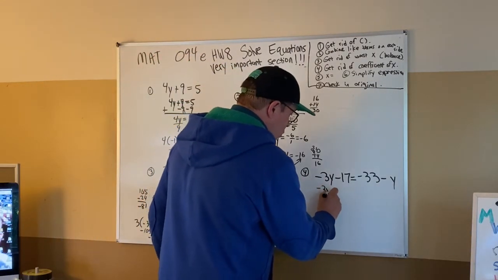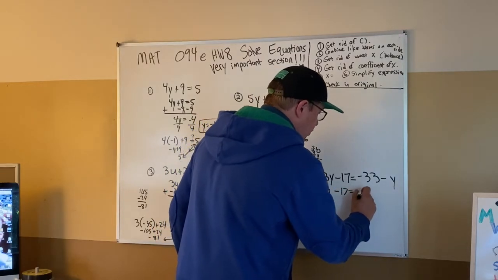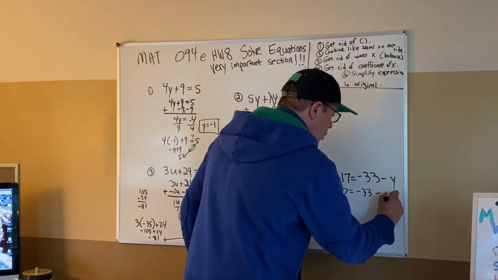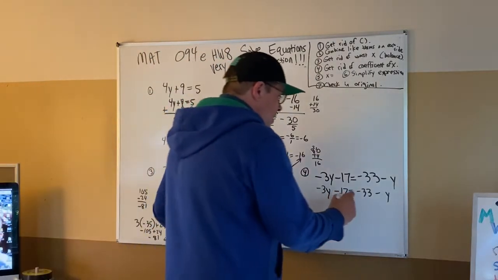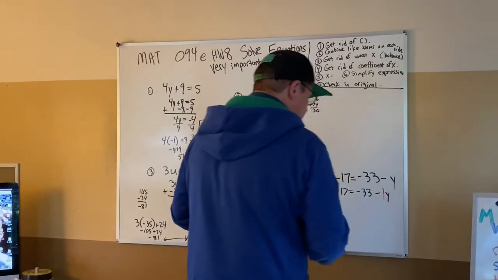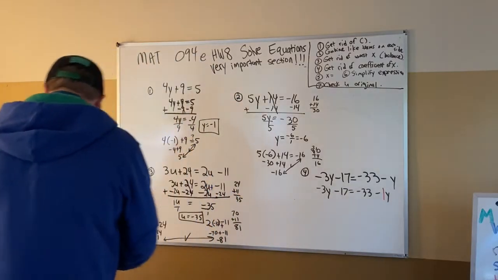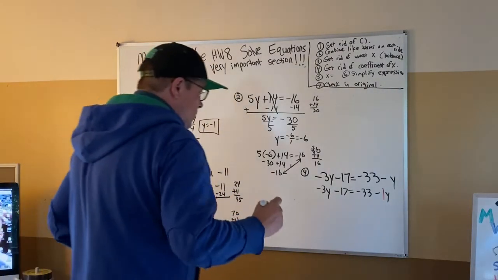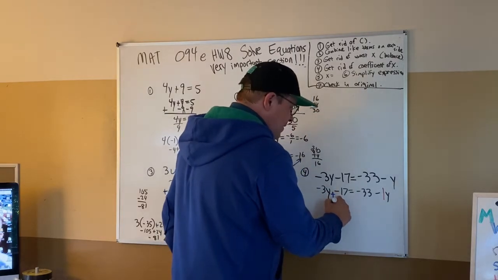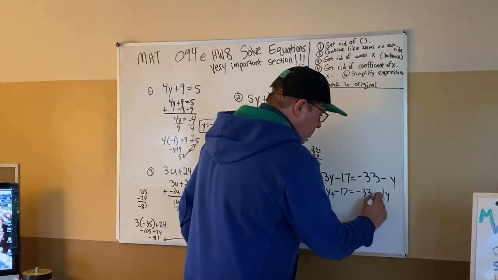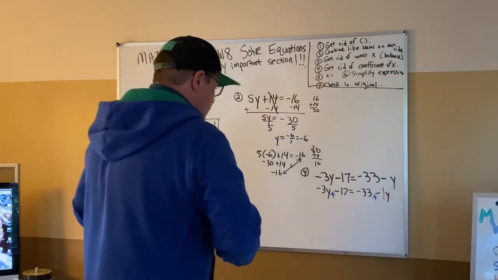It's dash 3y dash 17 equals dash 33 dash y. In front of that last y, between the dash and the y, I want to put a 1. And in front of each pure minus, I got negative 3y plus negative 17 instead of minus 17. I have negative 33 plus negative 1y instead of minus 1y.